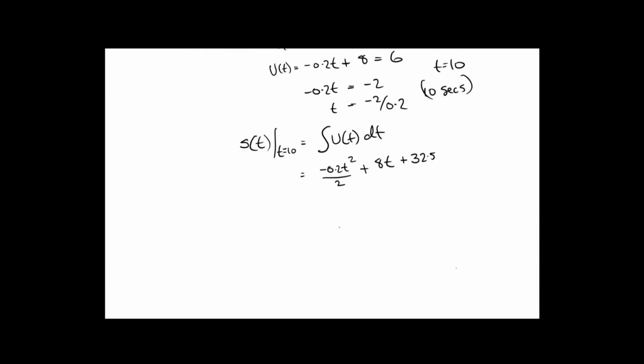And we're going to set t equal to 10. So negative 0.1 times 10 squared plus 8 times 10 plus 32.5 is going to be negative 10 plus 80 plus 32.5.